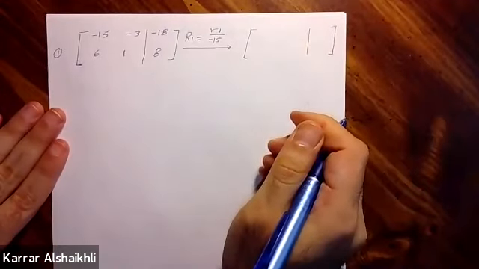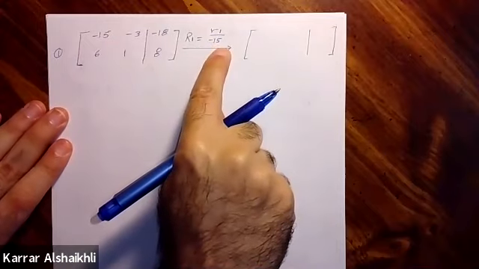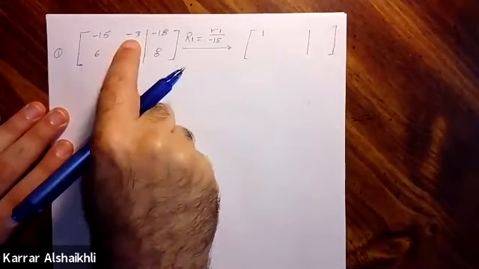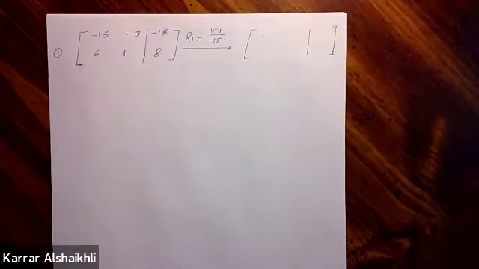So let's start dividing. -15 divided by -15 is going to be 1. -3 divided by -15. Don't make mistakes on this part. Let's check how we're going to do this part. I'm going to bring another paper.